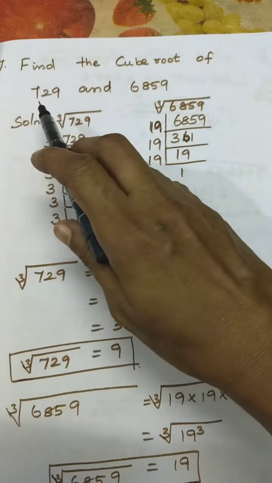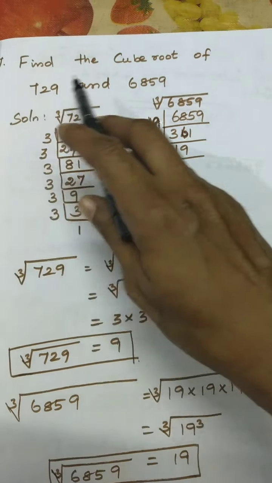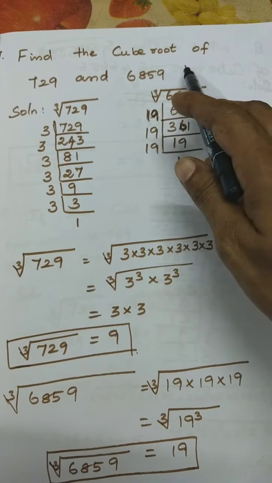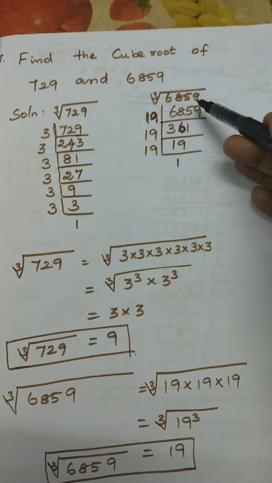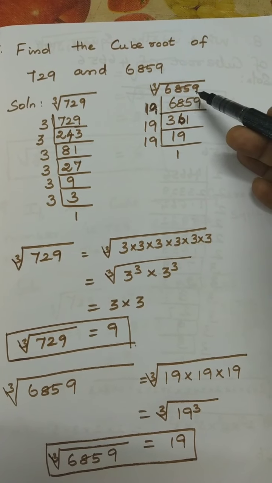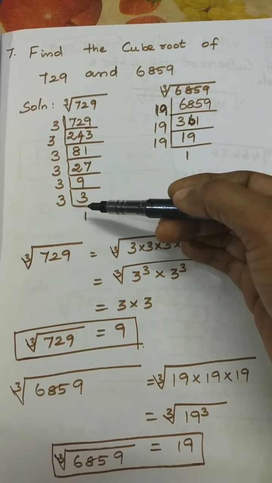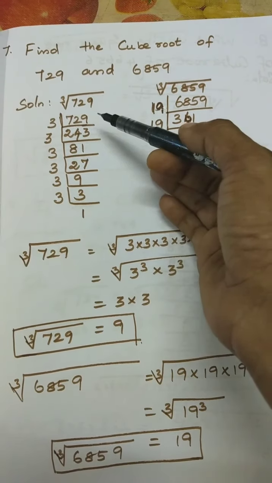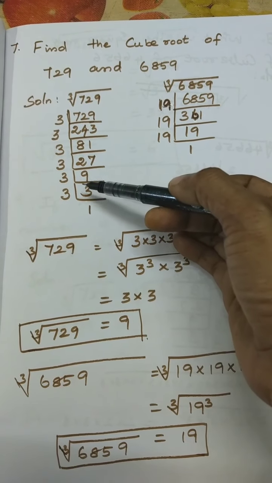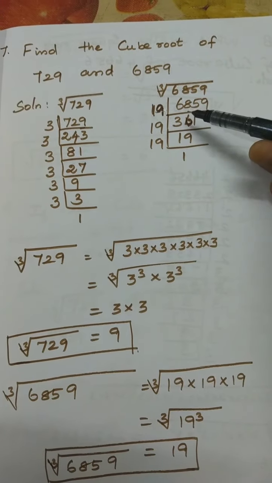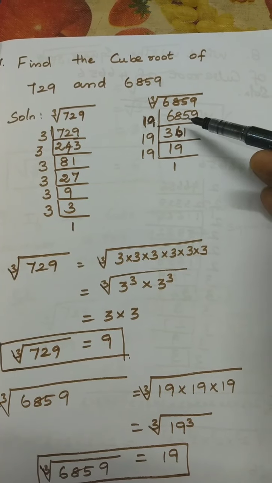Find the cube root of 729 and 6859. For both numbers you have to find the cube root. Okay, cube root of 729, cube root of 6859. For cube root, only one method, that is prime factorization. So we are doing by prime factorization. 729 is divisible by 3, so 243, 81, 27, 9 and 3. Here only one number is divisible, that is prime number 19.